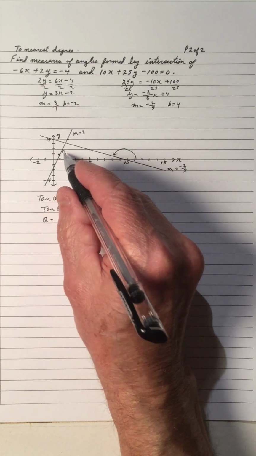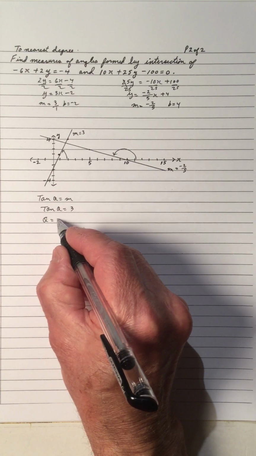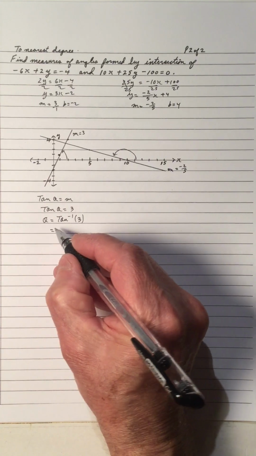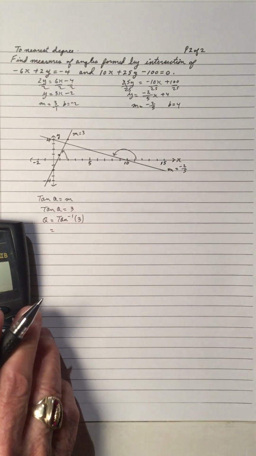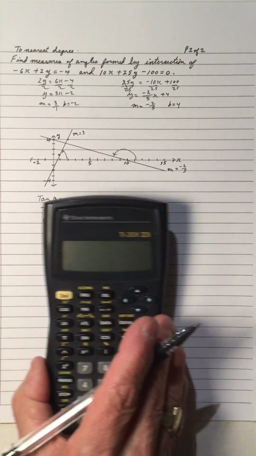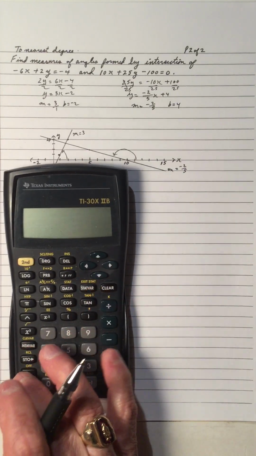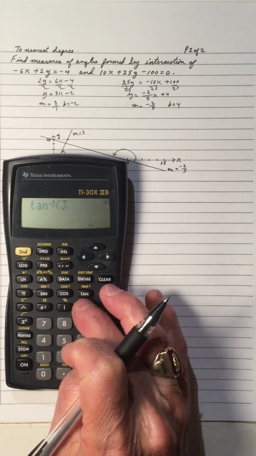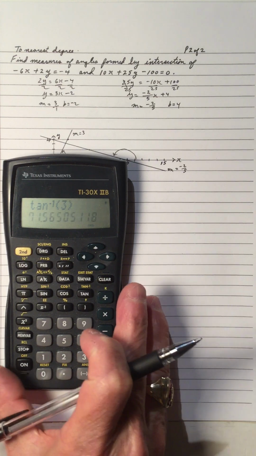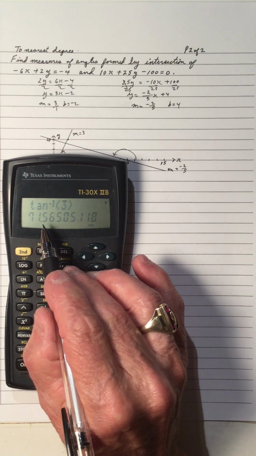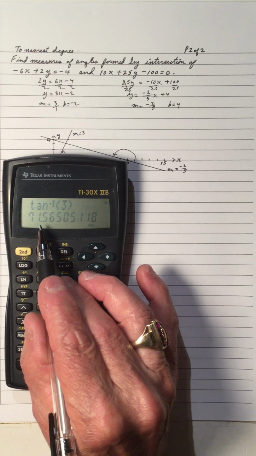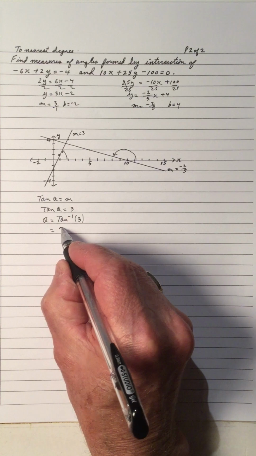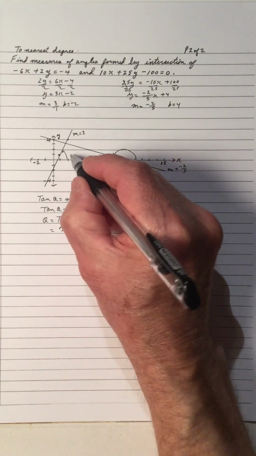So theta, the angle of inclination, is tan to the negative 1 of 3. Let's turn the calculator on, clear it. Inverse tan of 3, and let's see what we get. 71.6 to the nearest tenth. So this angle here is 71.6.